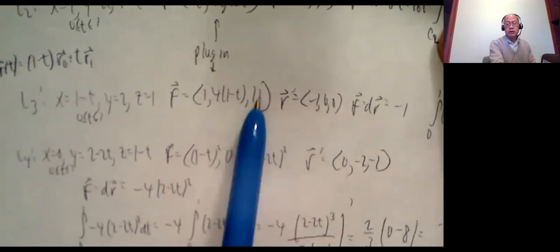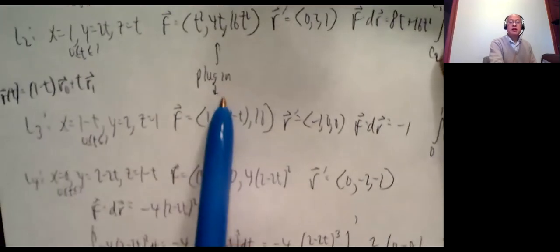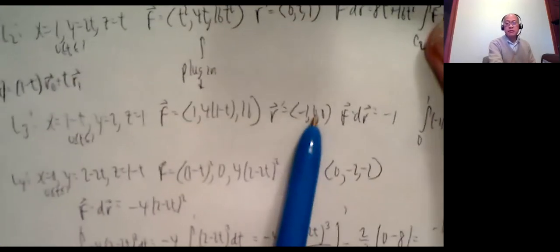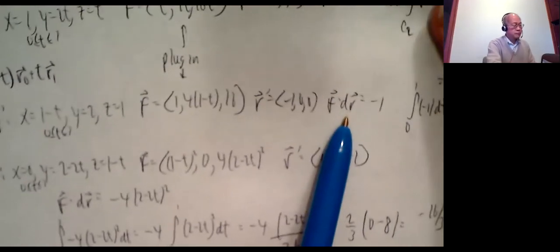Forget what these are, but it's what you get when you plug in. But 1 times -1 is -1. And then whatever times 0 is 0, and whatever times 0 is 0. If you don't understand what happened here, which I'm kind of questioning myself, it doesn't really matter because when you multiply by 0, it's 0. So F dot dr is -1.